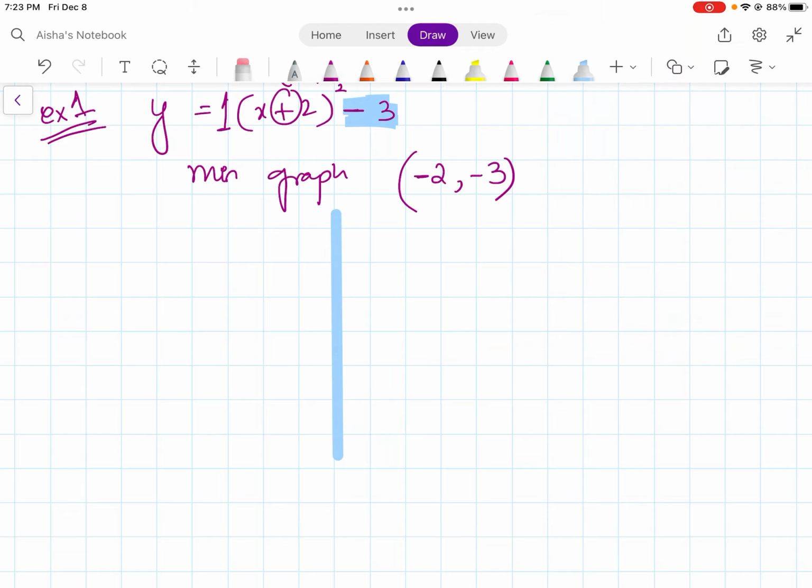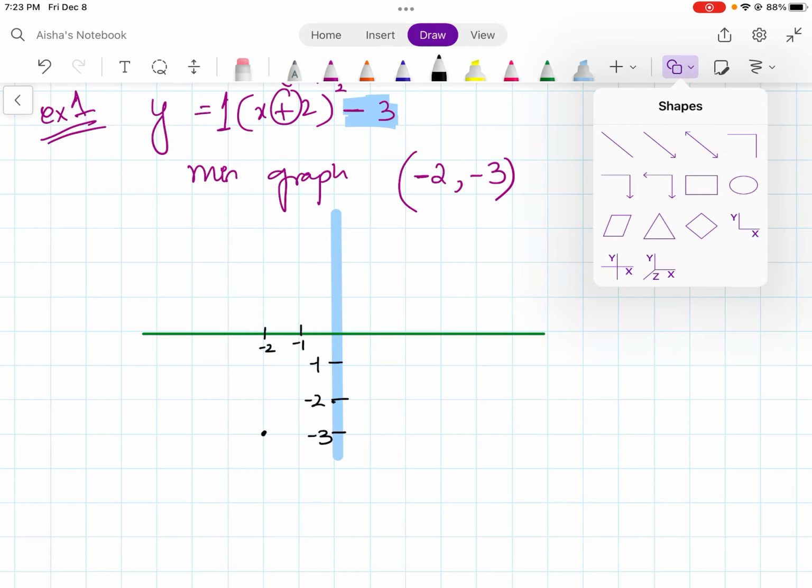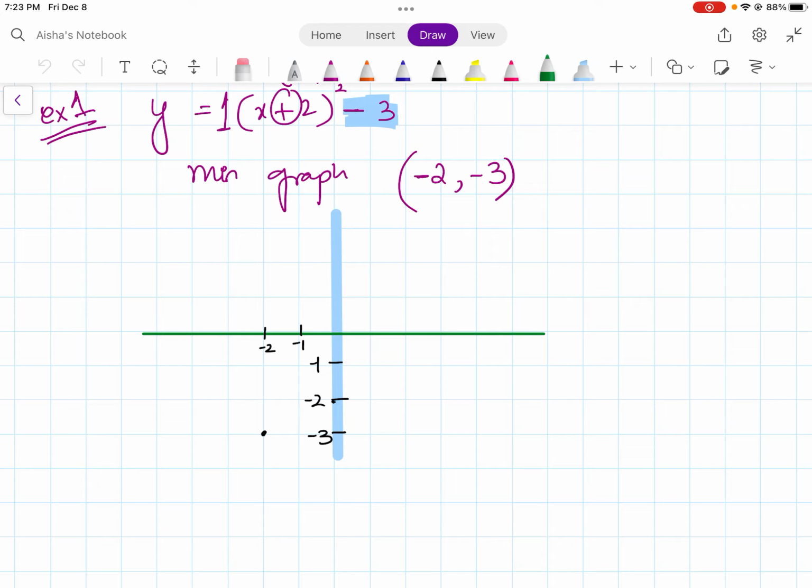Now how do we sketch it? Minus 2 comma minus 3, this is my point, and from here I will sketch my graph. So it's going to be like this. Okay, so I can also find out my x-intercept and y-intercept.